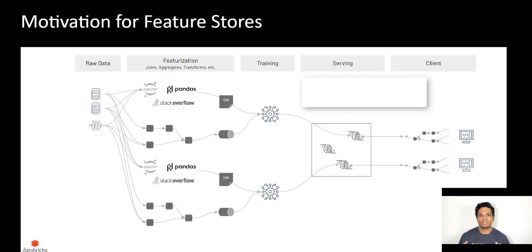So let's take a look at the motivation for feature stores. We discussed that the raw data makes its way into your data lake through the data engineering pipelines, where the data scientists pick it up and perform the entire ML development lifecycle. In this diagram, we are summarizing that journey. You have your raw data, which is now in your data lake.